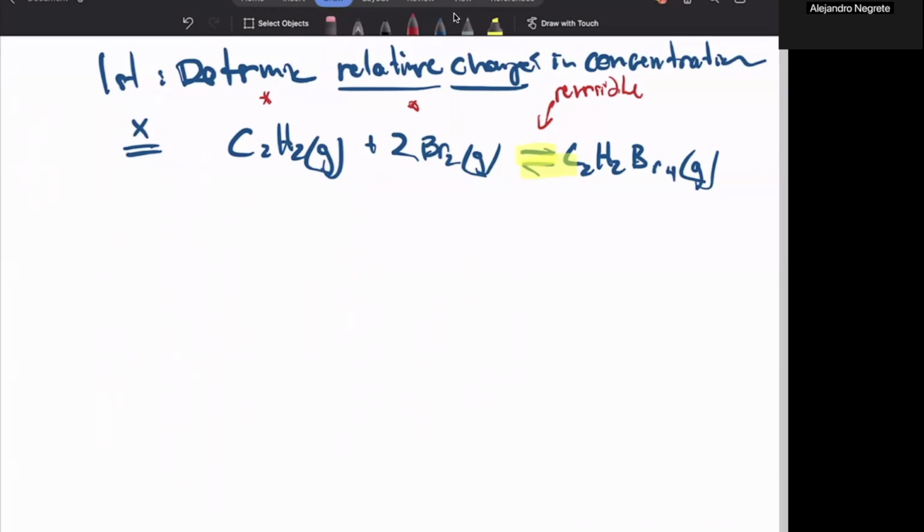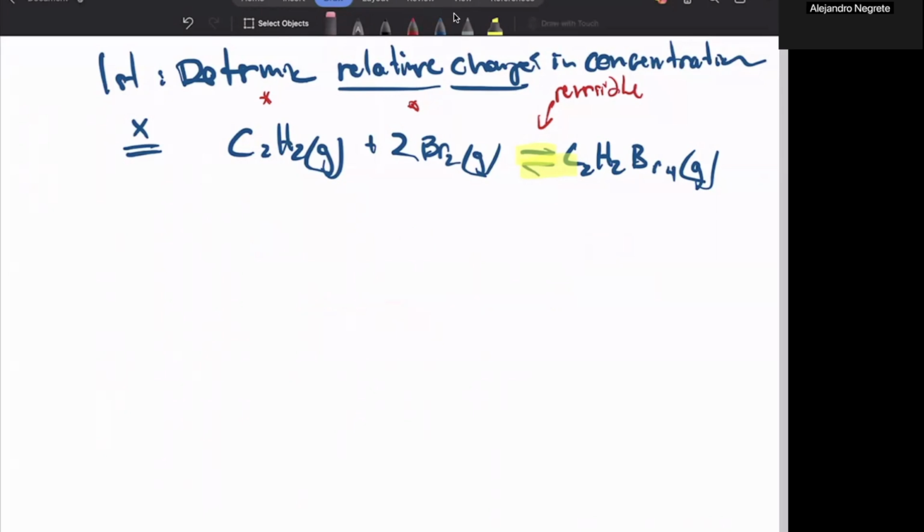If I start with these and have none of the product, the reaction has nowhere else to go but to shift to the right. So this isn't at equilibrium yet. I'm going to start with the reactants, and the reaction will shift to the right.